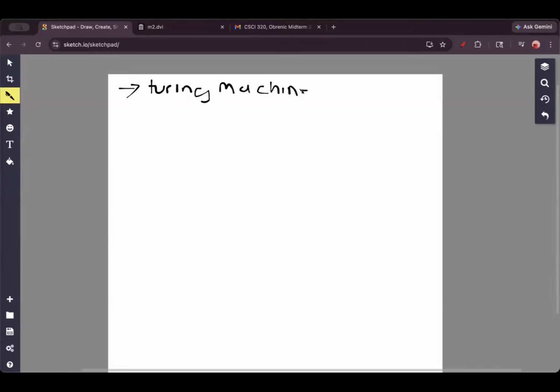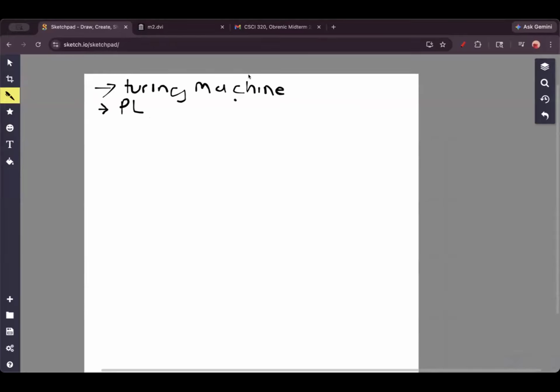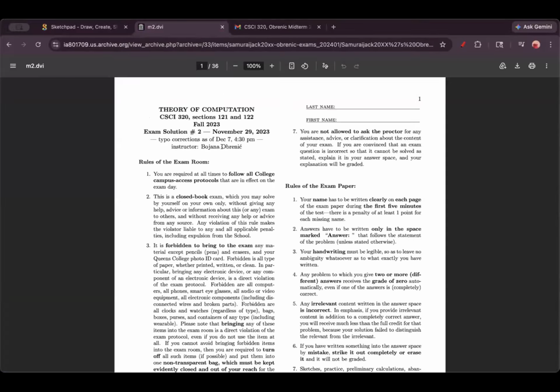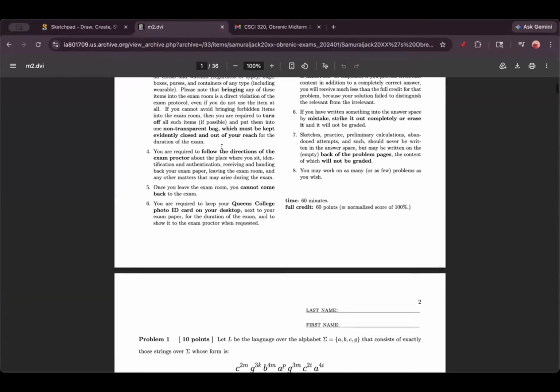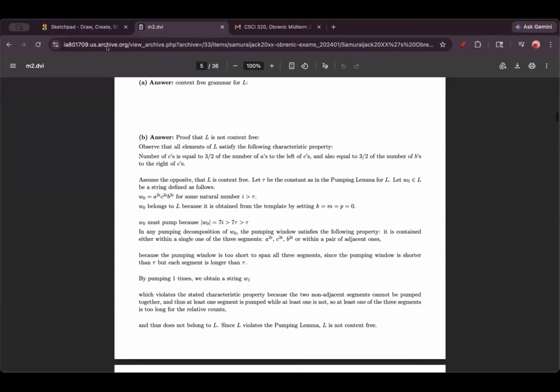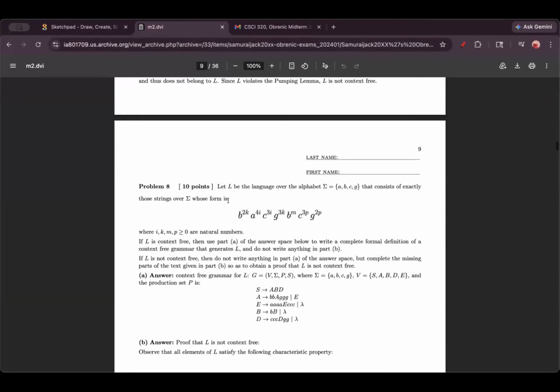I'm sorry for taking a while to write it out. I'm on my pad right now. And then pumping lemma. So I'm going to be starting off with the fall 2023 previous exam. And let's start off with Turing machine problems first.